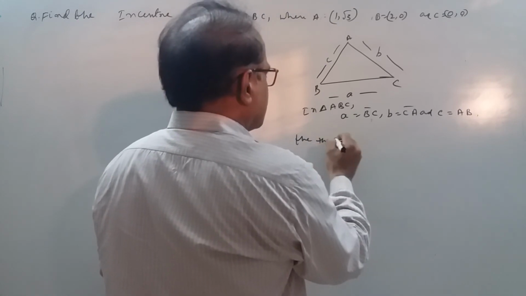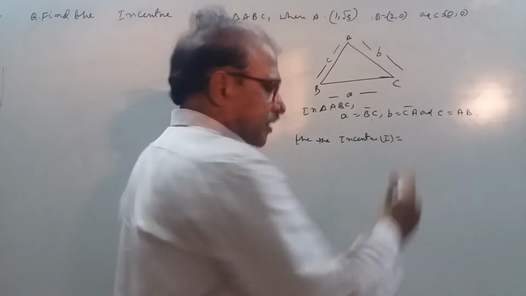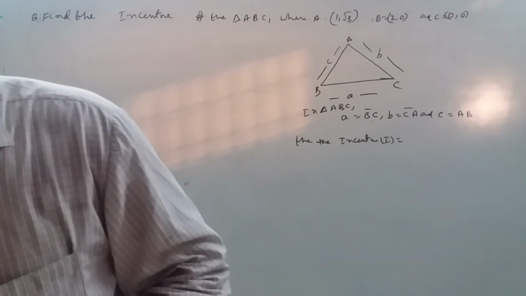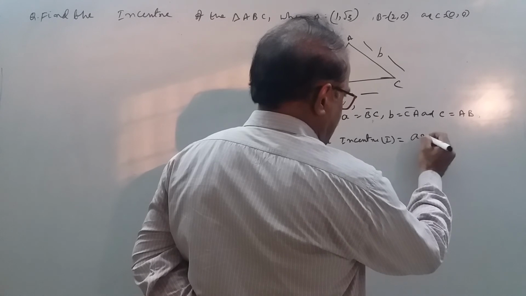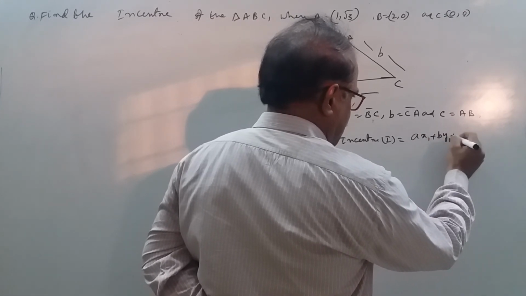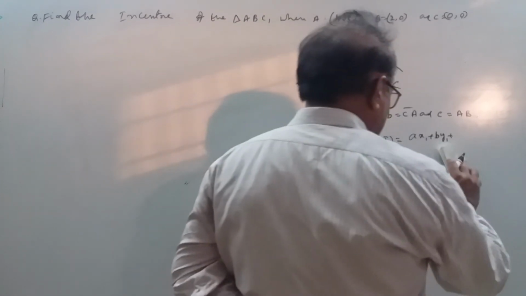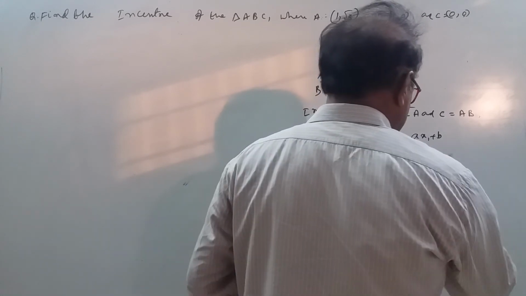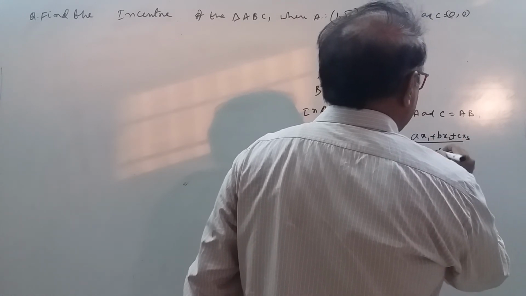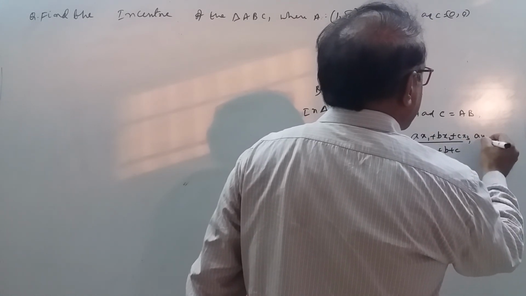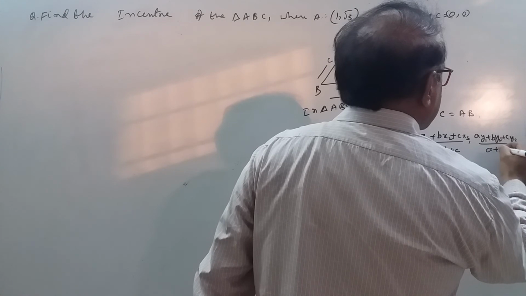Then the incenter I may be found by using the formula (ax1 plus bx2 plus cx3) by (a plus b plus c), comma, (ay1 plus by2 plus cy3) by (a plus b plus c).